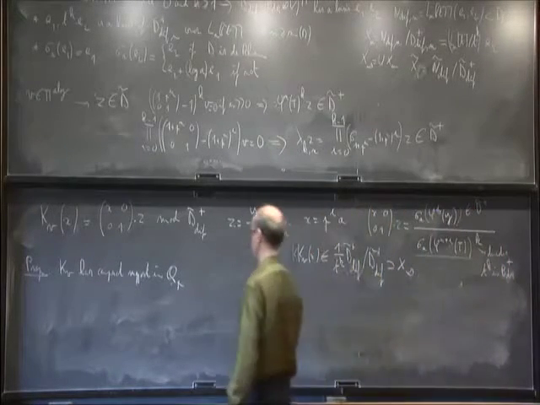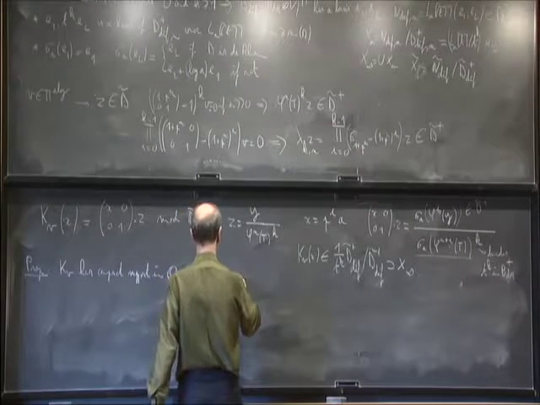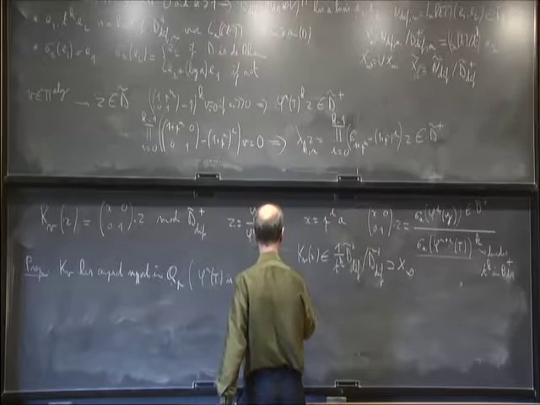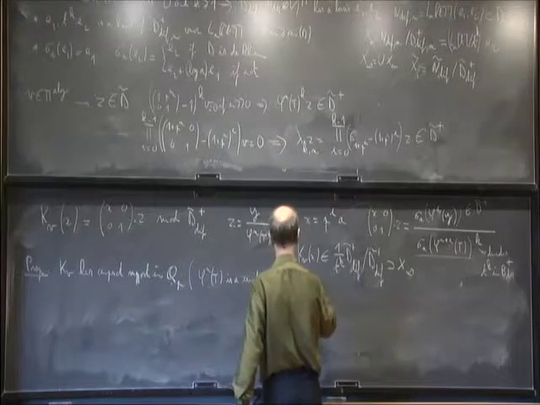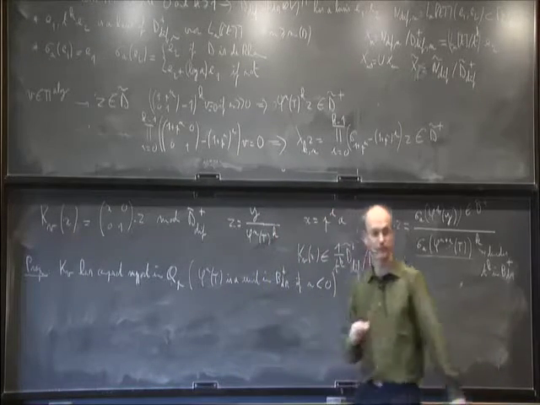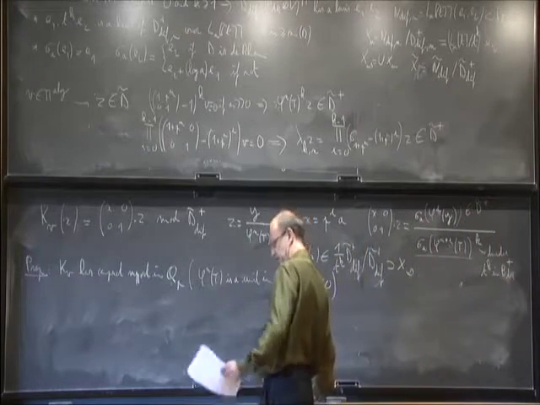This is because phi n of t is a unit in Bdr plus if n is strictly less than 0. So that's the first thing.